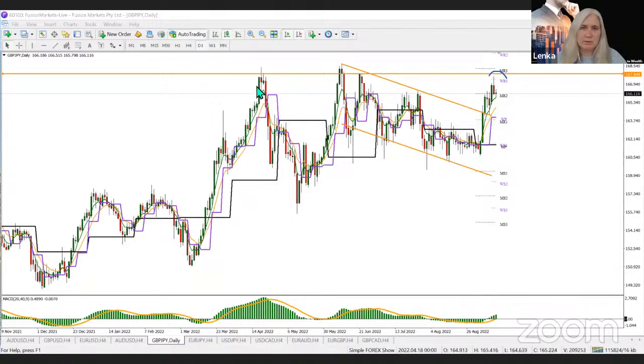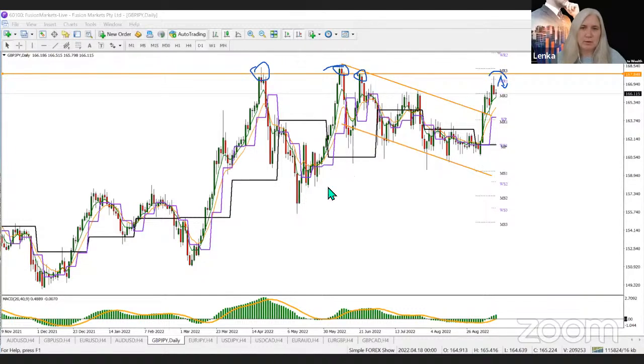Oh, sorry, my pen has disappeared. There we go. So we've got this one touch, false break, another touch, and now looking at that same level. So I'm looking for that price ideally to go to the top again before looking for the reversal. But as there was a pushback already, we might not get that.